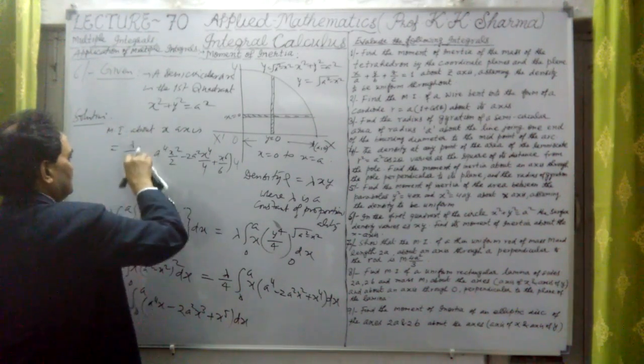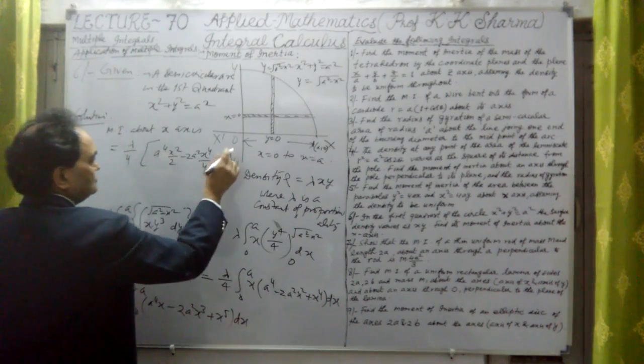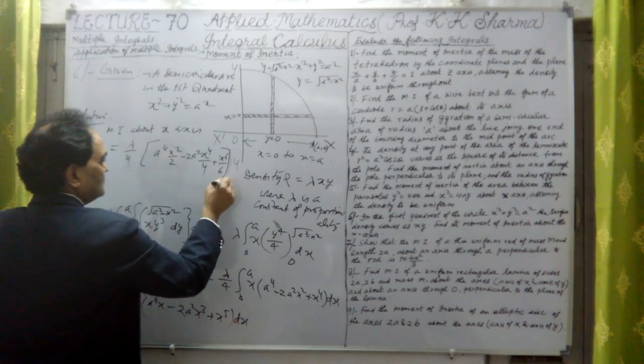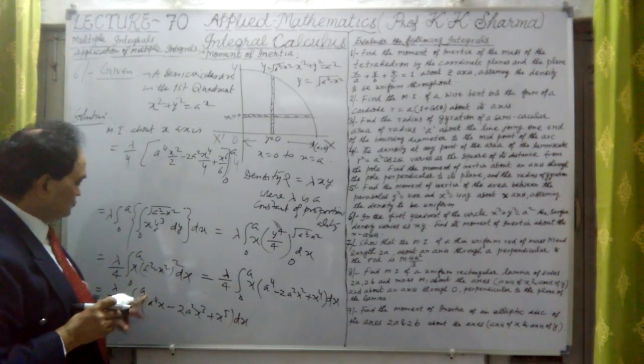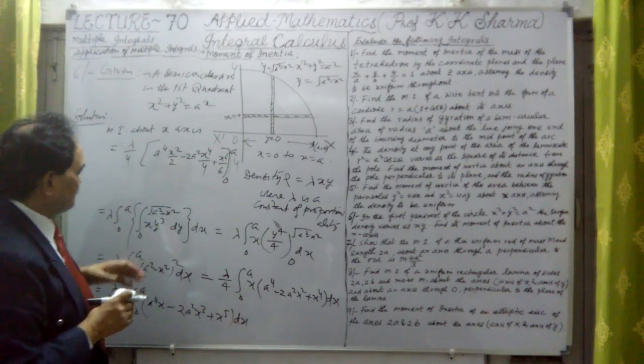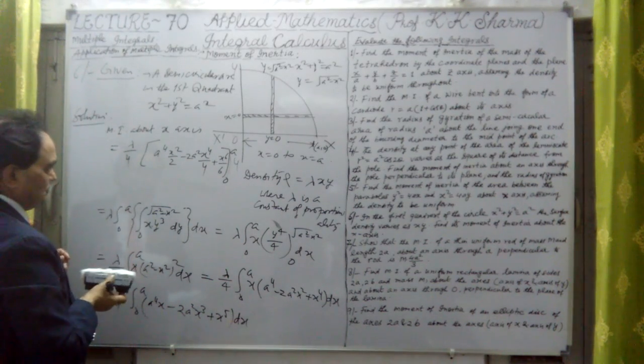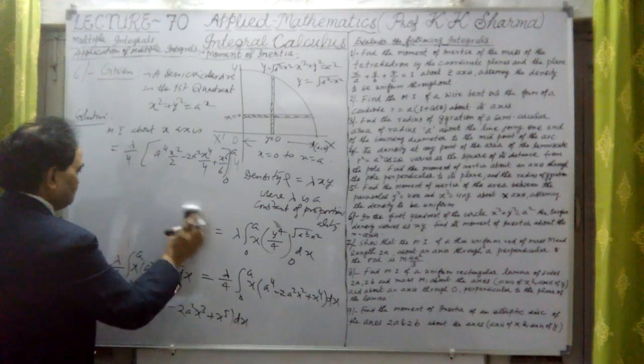Now putting the limits, this is now 0 to a. It is integrated, and the limits are 0 to a, so we have substituted the 0 to a limits. After substituting, let me take what is the answer.